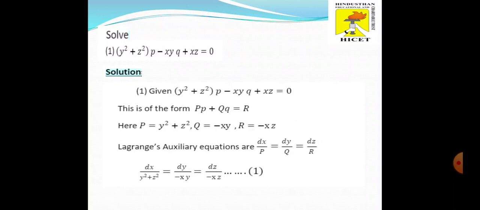Solve (y square plus z square) p minus xy q plus xz is equal to 0. This equation can be written as (y square plus z square) p minus xy q is equal to minus xz.